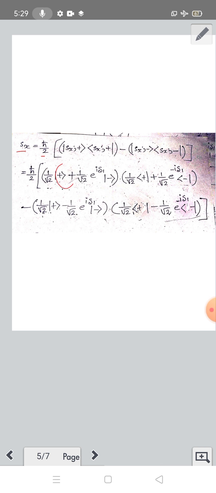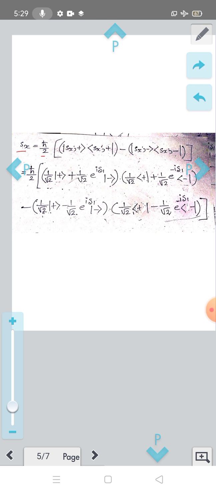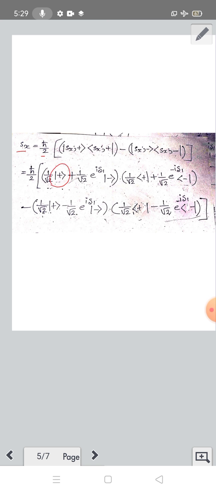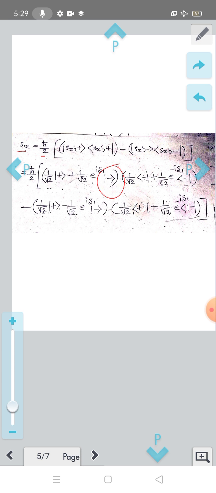It is |+><+| with 1 by 2. Similarly |+><-|, then |-><+| and |-><-|. In this order we must expand.